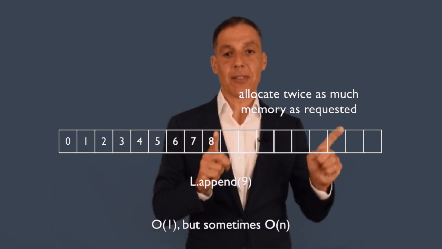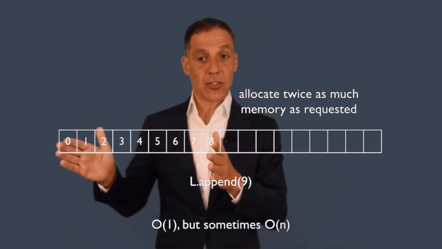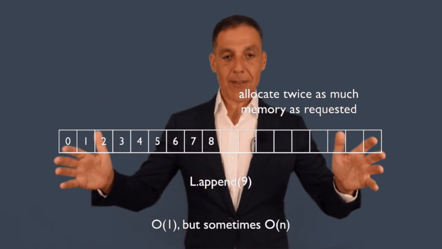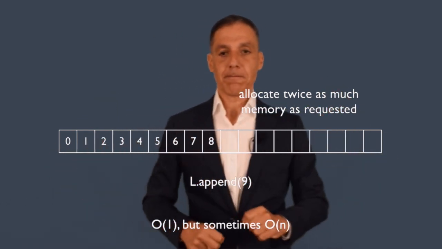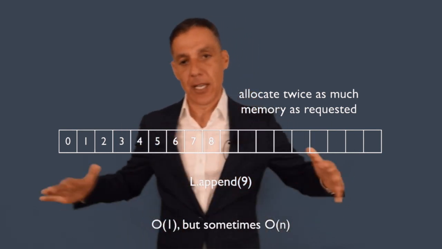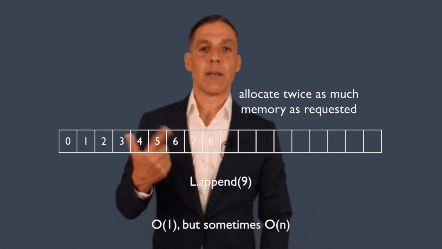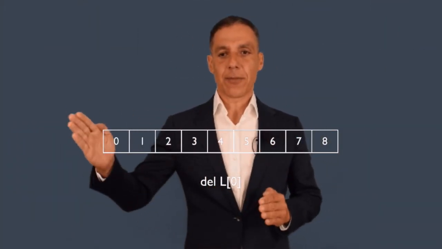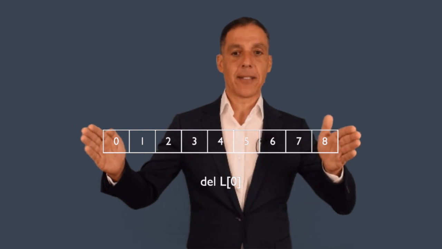And notice again that this doesn't work for insert because insert has to move everything over. But for append, when you have extra memory, big O of 1. For append, when you don't have extra memory, still big O of n because everybody has to move into a bigger list.